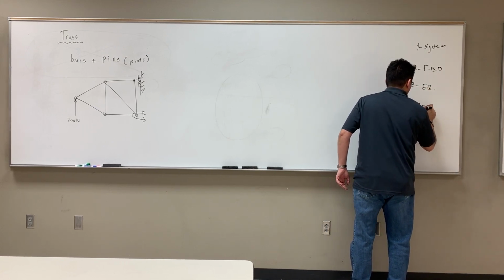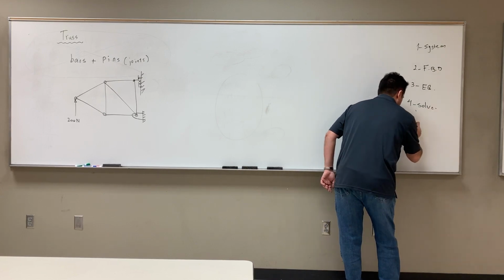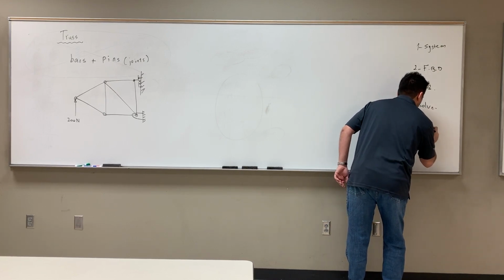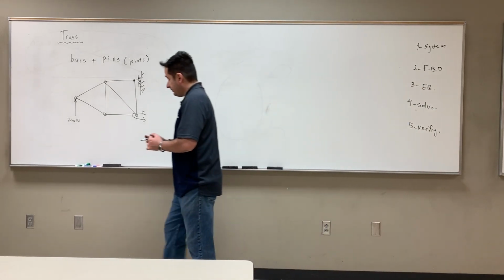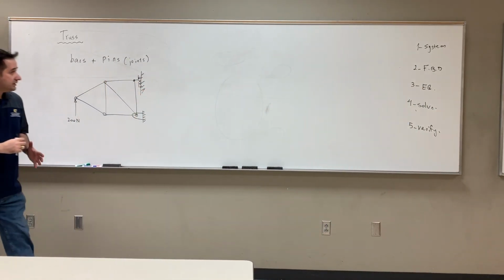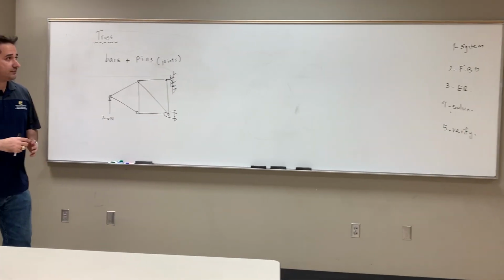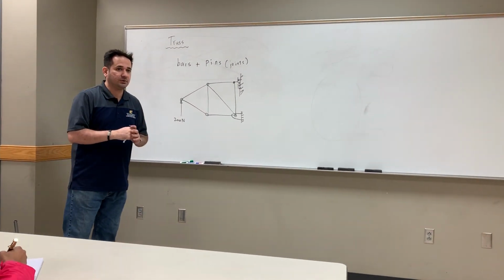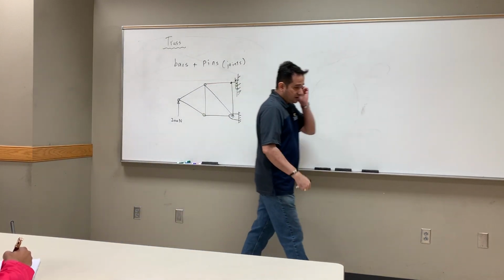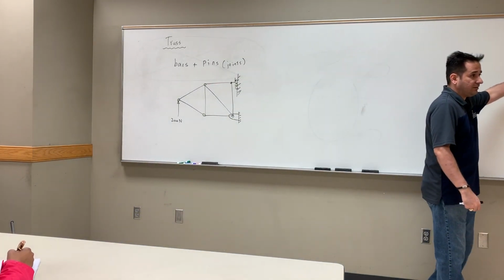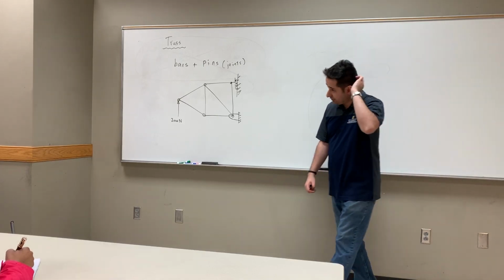Step 4, solve them. And step 5, verify your results. Okay. So now, for this particular structure, these 5 steps reduce to a very simple algorithm called method of joints. Right? Later on, you choose a different kind of system and reduce it to another algorithm called method of sections.